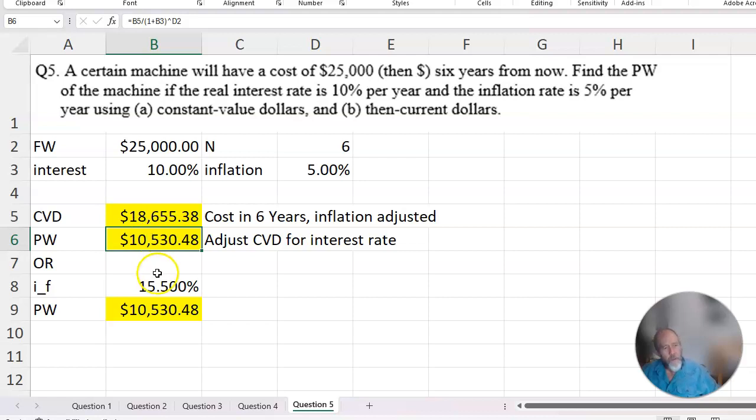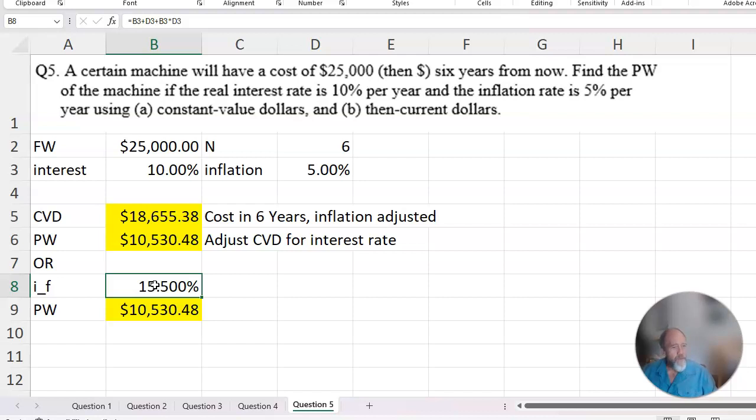If you wanted to do it in one step, you'd have to find the effective interest rate that combines the inflation and the MARR, the interest rate you'd be dealing with. It's funny, because it's not a challenging calculation, but it's one that's hard to remember.